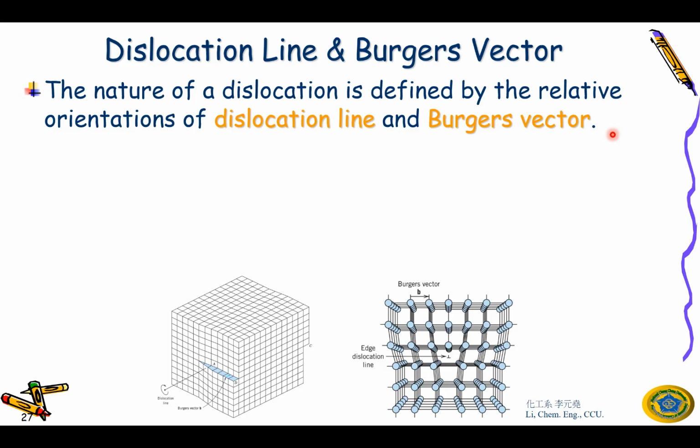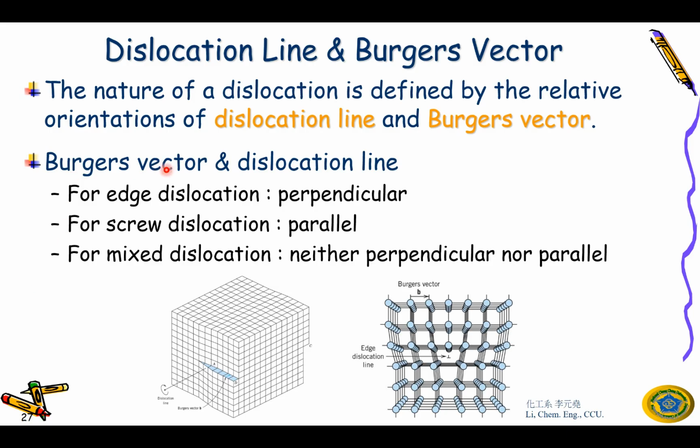So once you have one-dimensional defects, two important pieces of information you need to address are the dislocation line and the Burgers vector. Okay?